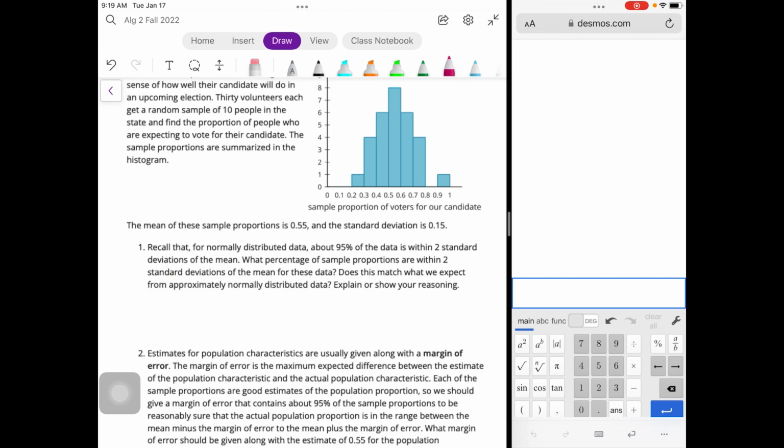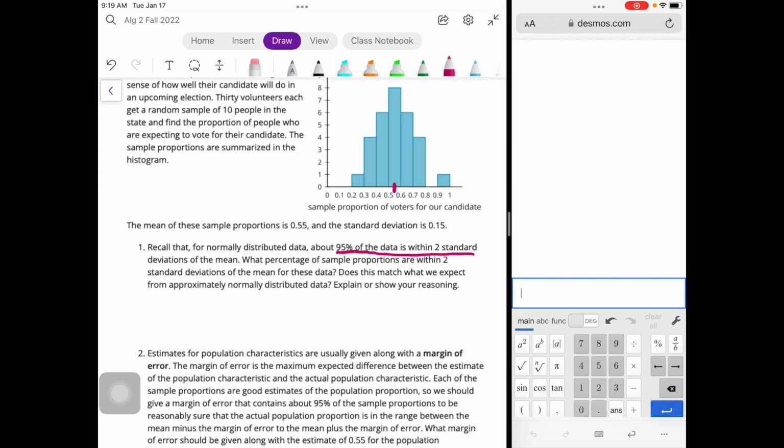Recall that for normally distributed data, about 95% of the data is within 2 standard deviations of the mean. What percentage of sample proportions are within 2 standard deviations of the mean for this data? Our mean is 0.55, which would be right here.